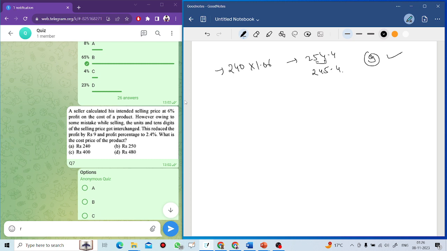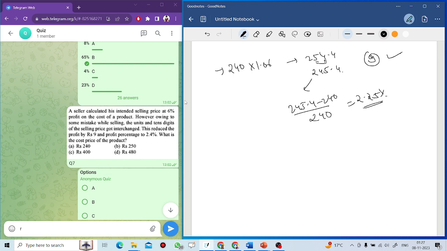Let us check the profit percentage in both cases as well. In the second case, 245.4 minus 240 upon the cost price, 240 only, which is 2.25%.